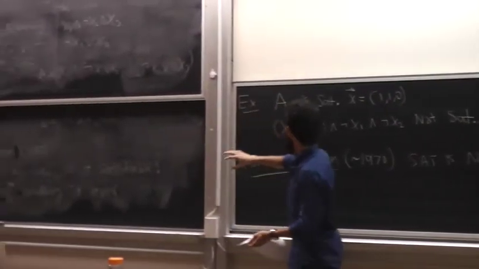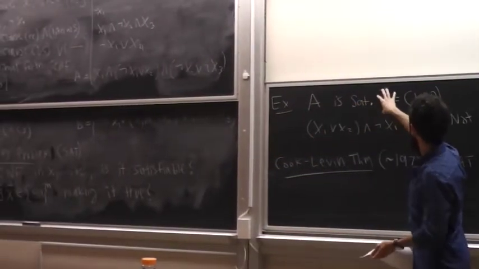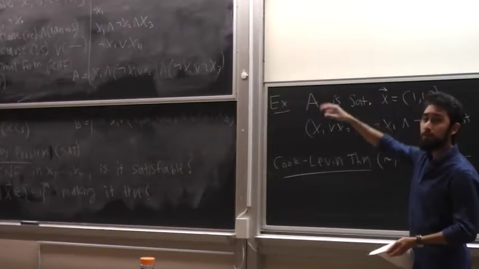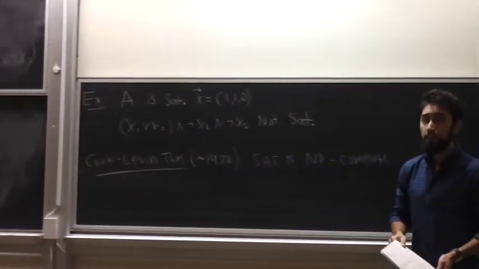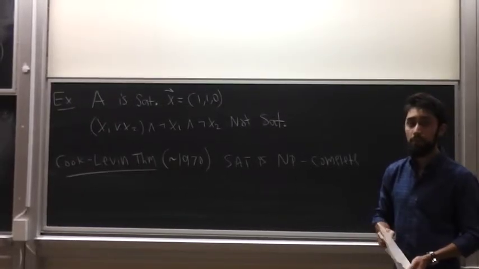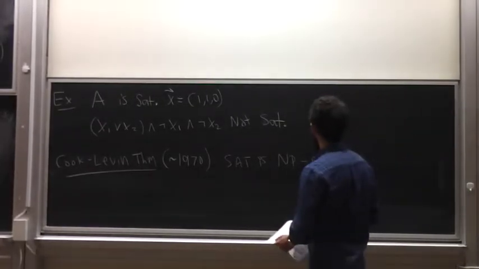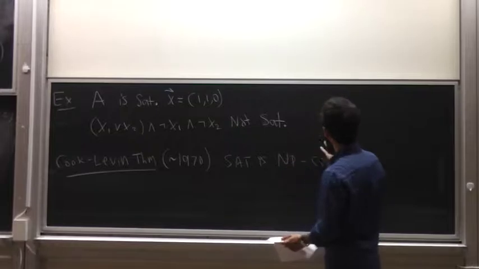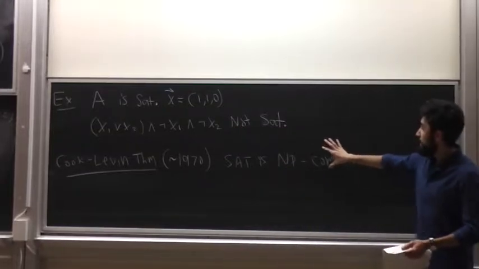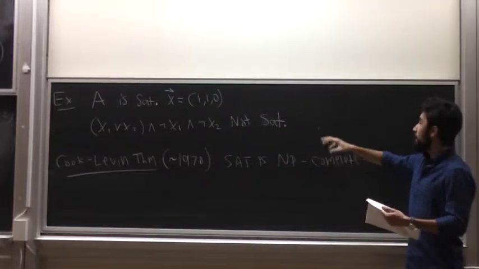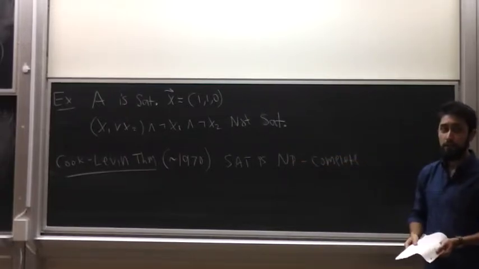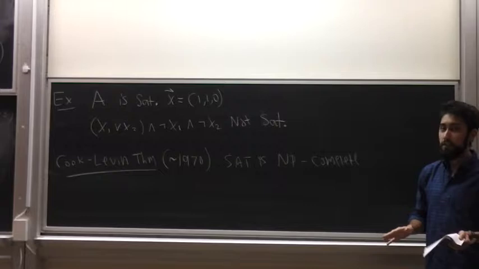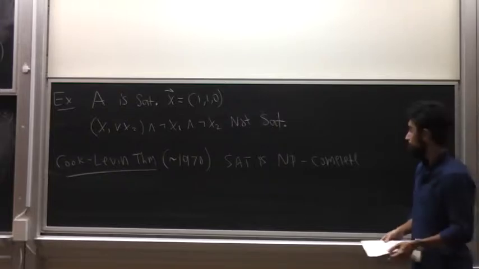Here I exhibited an assignment to x that made it true. If you're God and you know it's satisfiable, you can give me a proof certificate that's polynomial time. That is the NP part. The complete part says that any other NP problem can be reduced to this in polynomial time, so this is the hardest NP problem you can get.